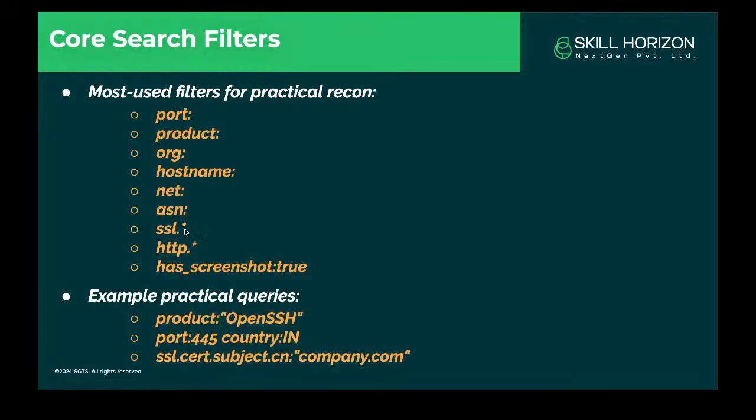Why I put the star here? Because in SSL there are some more queries you can create. I'm going to show you. In HTTP also there are multiple queries like http.title, http.content, http.favicon.hash. These are some queries, right? We can use it for different purposes. Are you getting my point?